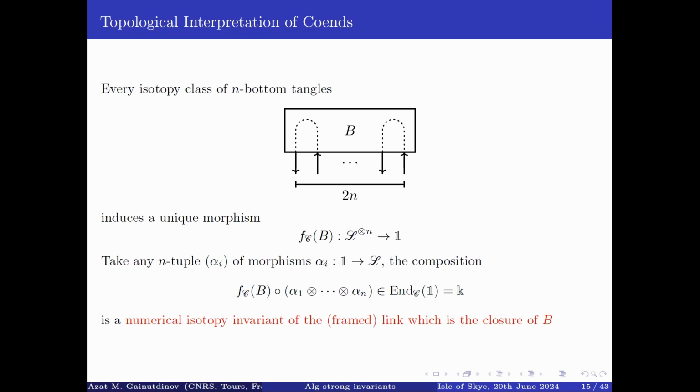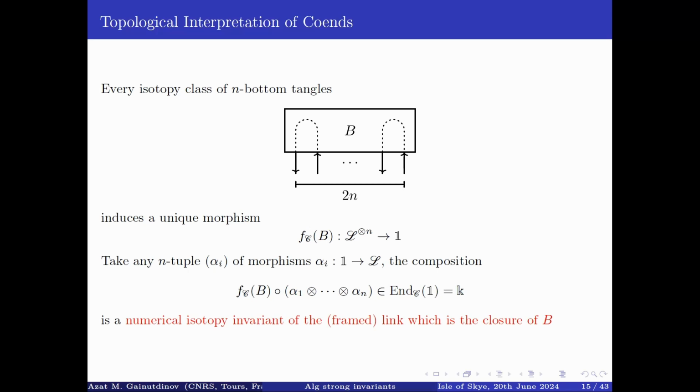Now we need what Kerler and Lyubashenko basically proposed to calculate invariants with respect to Kirby moves. You need to choose special alpha i's, and the special alpha i's is the integral of L. What does it mean? Actually, L is not just a universal object in the category. It has a Hopf algebra structure.